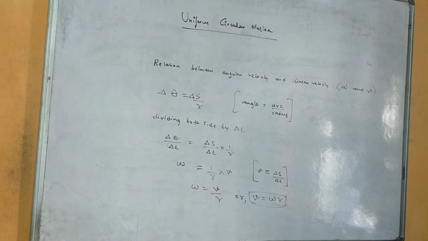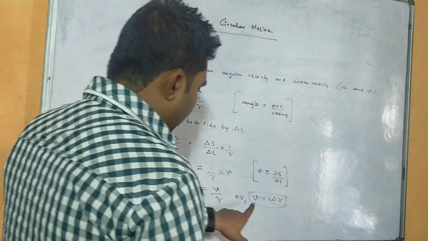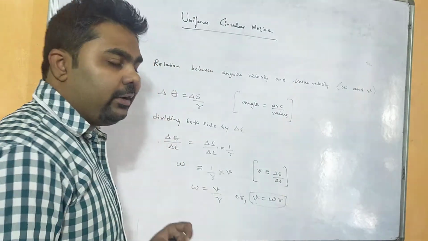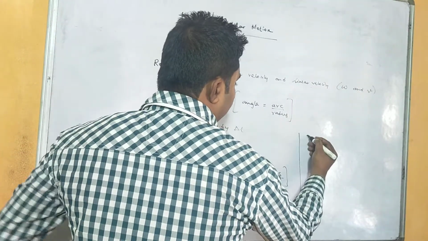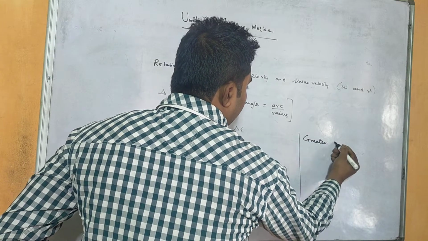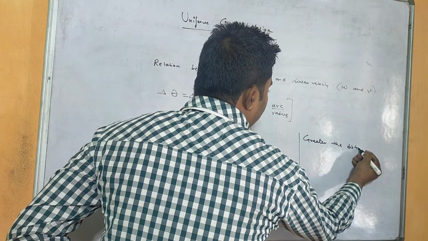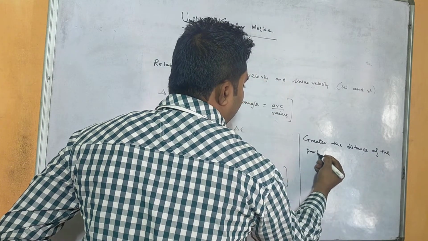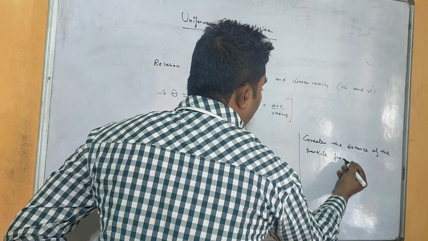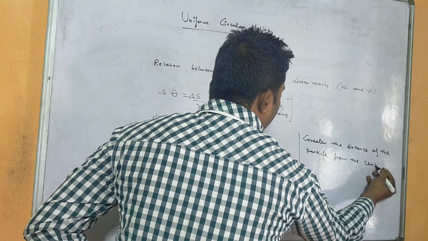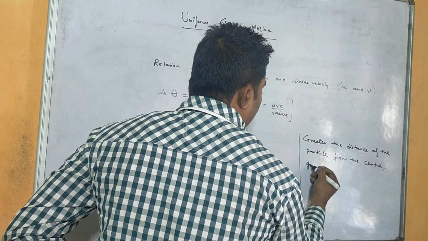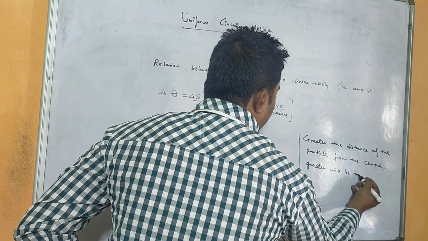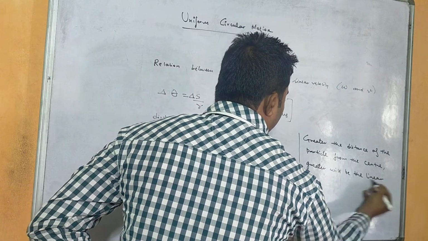So from this relation it is clear that v equals omega r means the greater the distance of the particle from the center, the greater will be the linear velocity.